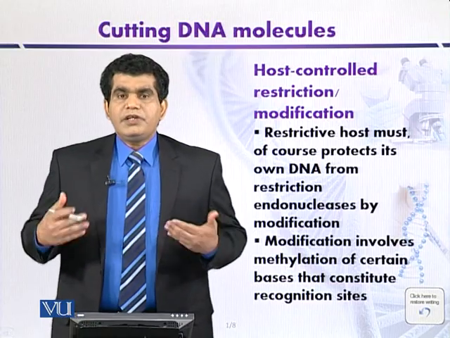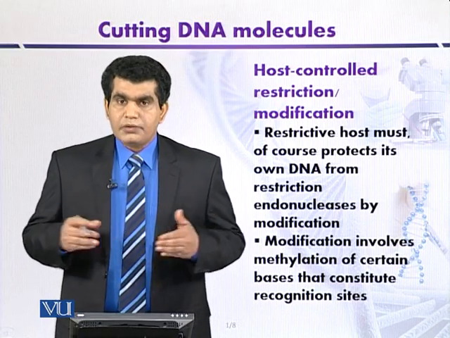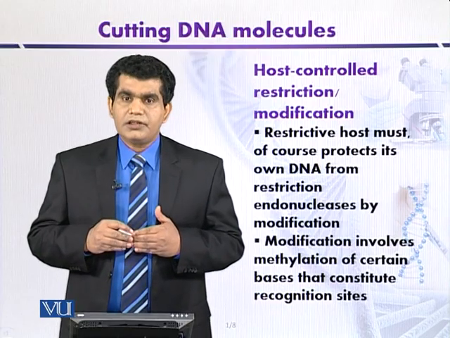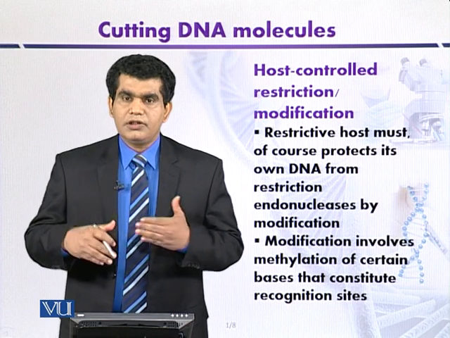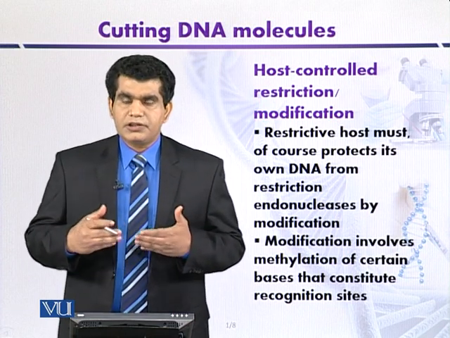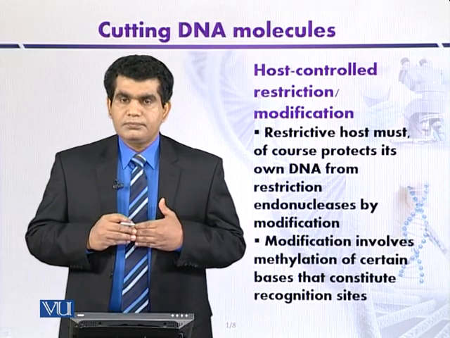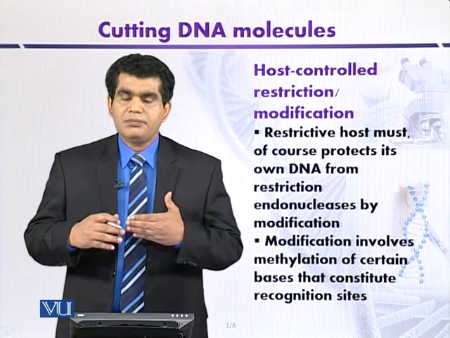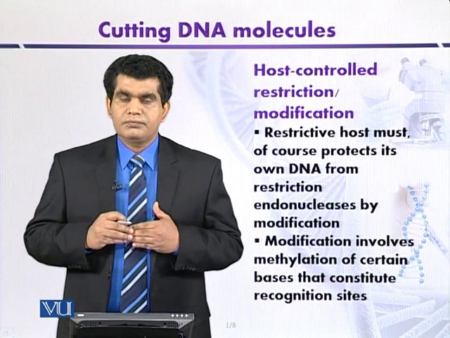Now, different types of restriction enzymes are present in host organisms. The question is how host organisms like E. coli or other bacteria protect their own DNA from their own restriction enzymes, because restriction enzymes can attack any type of DNA.